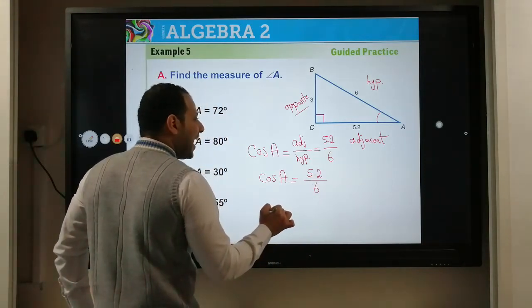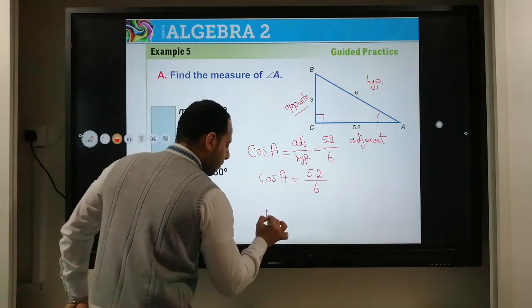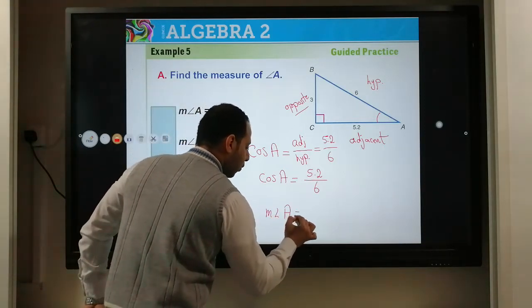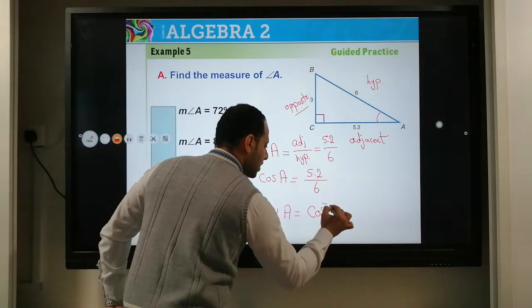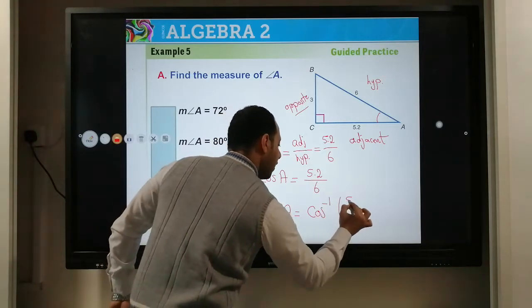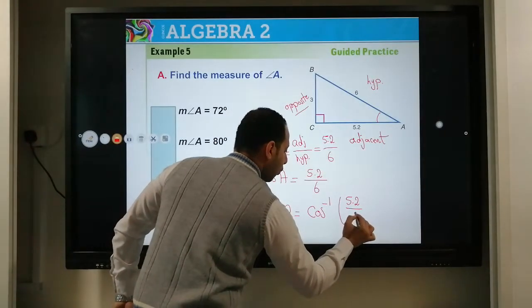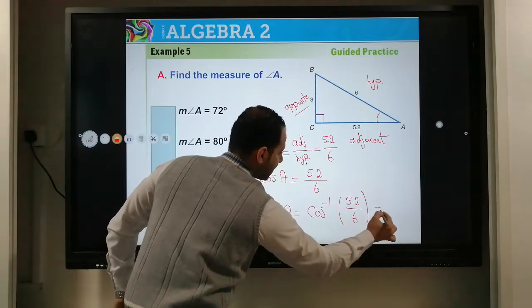I need to find the measure of angle A. Excellent. The measure of angle A equals inverse cosine of 5.2 over 6, and let's calculate.